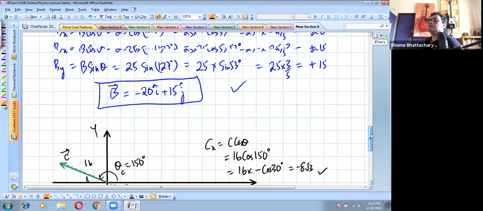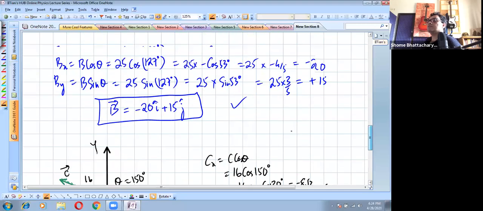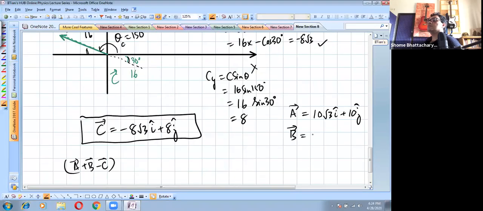And the vector B was minus 20 i cap plus 15 j. So now these two have to be added and this has to be subtracted. So the vector A plus B minus C will become: take the x component of A, so that is 10 root 3. To that add the x component of B, which is minus 20 by the way. Don't forget that there's a minus sign involved.